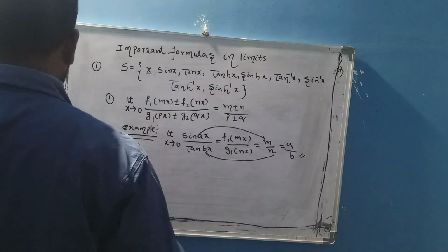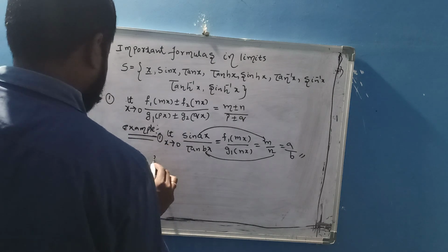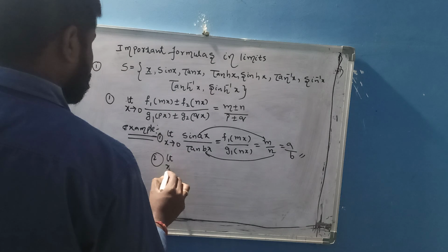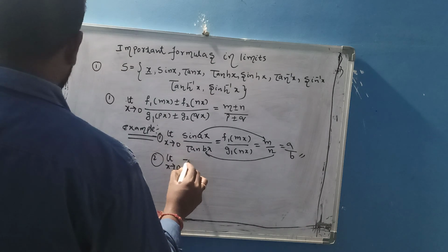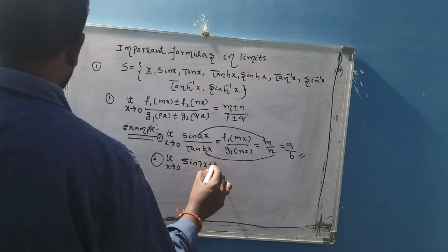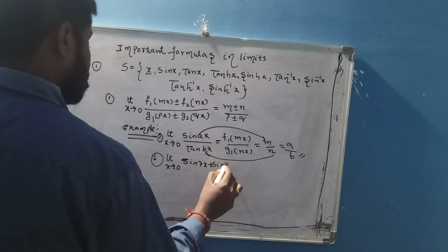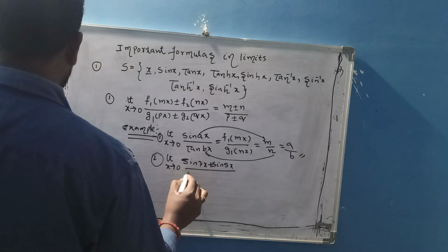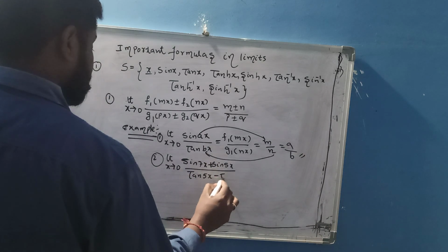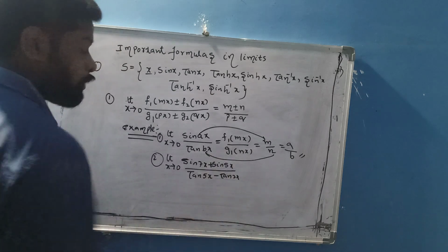Next, second example: limit x tends to 0 of (sin 7x plus sin 5x) by (tan 5x minus tan 2x). This is the problem.